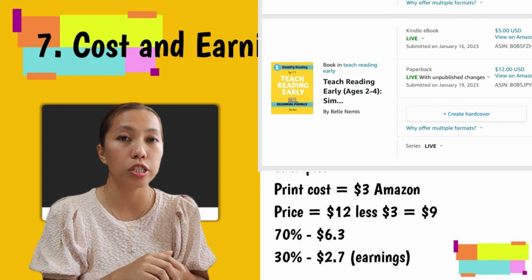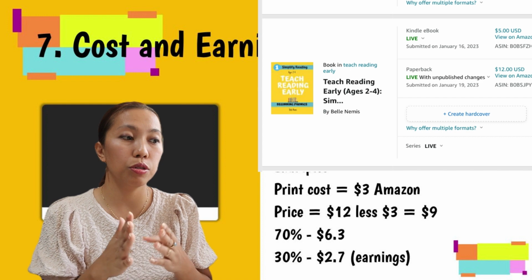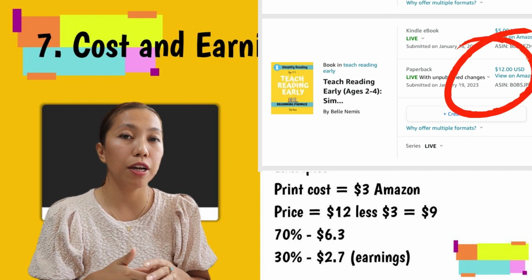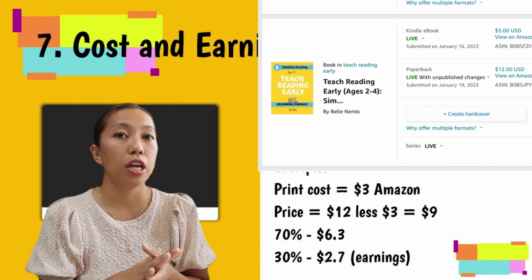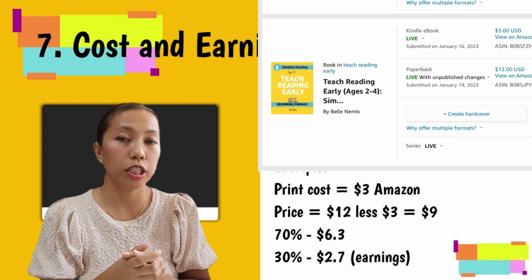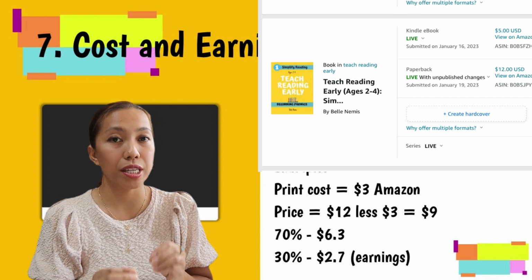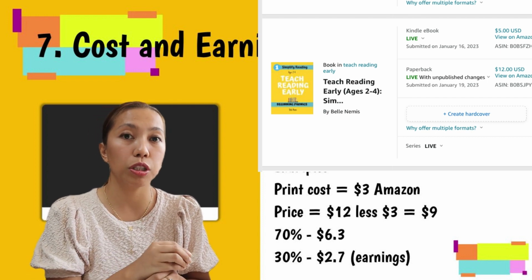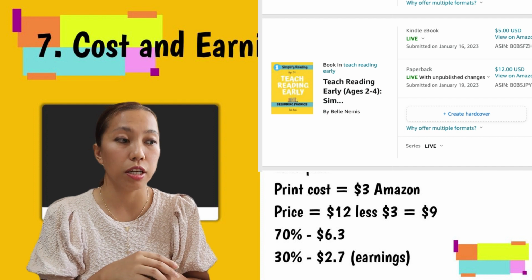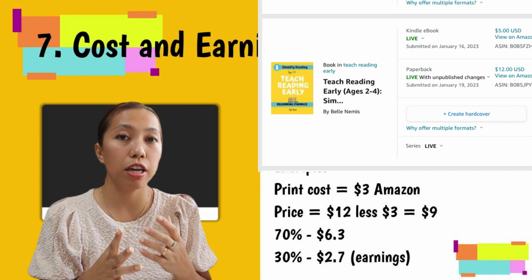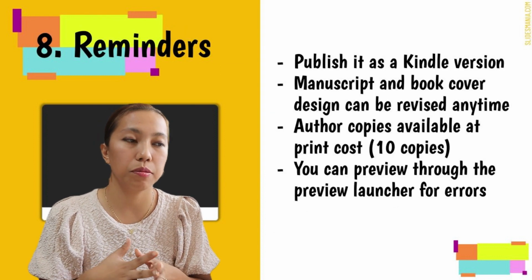So again, $3. So in order for me to earn $2.7 for every book sold, I will have to price it at $12. So $12 less than $3, which is the print cost, that's going to be $9. So 70% of that $9 will go to Amazon, that's $6.3, and the 30% will go to me as my royalty.